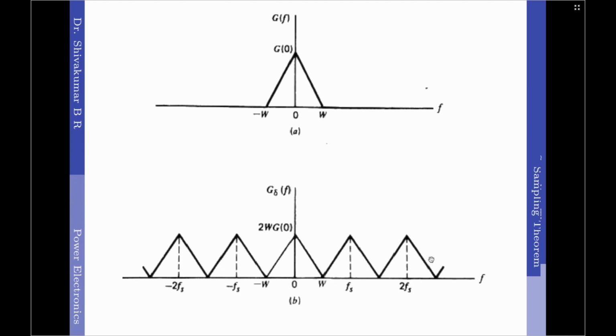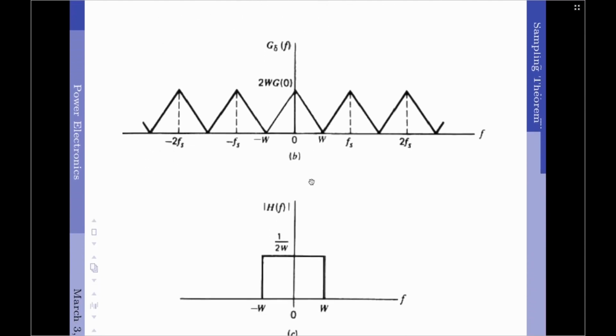Any other frequencies in the sampled signal spectra can simply be regarded as replicas of the original signal and therefore can be eliminated during reconstruction. This in fact can be done by passing our sampled signal g delta of t through an ideal low pass filter of bandwidth W, because that is the limitation of our original signal.